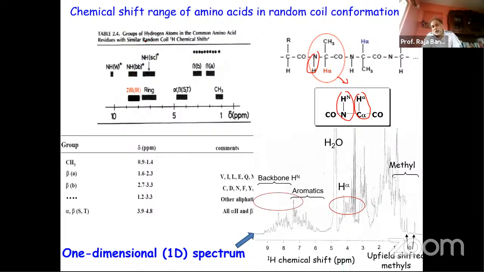But the serine and threonine beta protons are also coming here, and the other beta, gamma, delta protons are coming in this region. This is called the chemical shift value, which depends on the frequency at which the proton resonates.